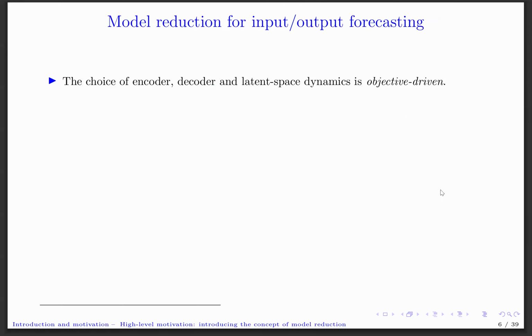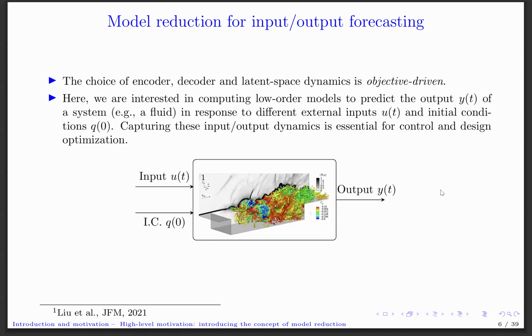And what I mean by that, the type of model that we're going to compute is dependent on what we want the model to do. So if we want to solve inverse problems, then we're going to be choosing encoders and decoders in a certain way. If we want to make forecasts, then we might look for other types of characteristics in a reduced order model. So moving forward, I'm going to be constraining my attention to this task.